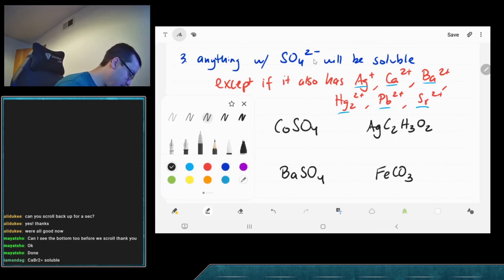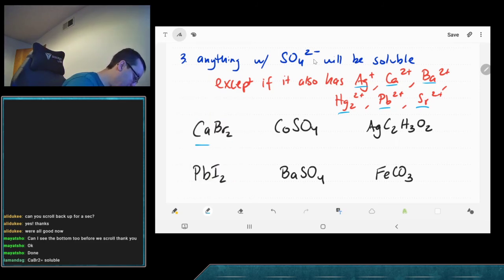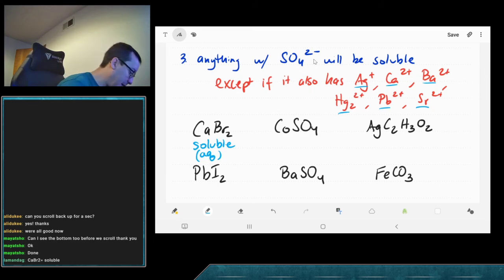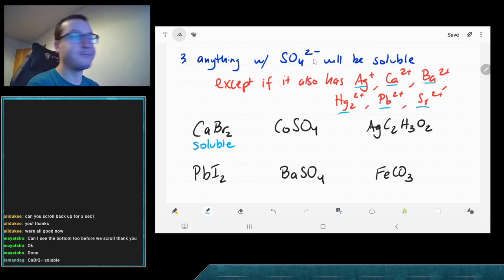I will often write that as AQ, which is a state of matter, technically, which is called aqueous. You know what? Let's forget that. Let's do that next chapter. I'm just going to say soluble for now.